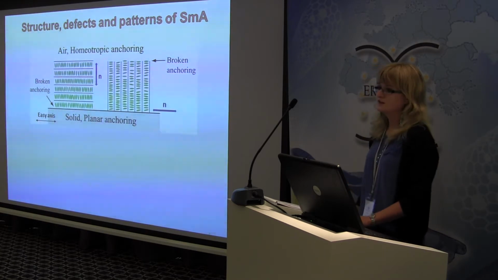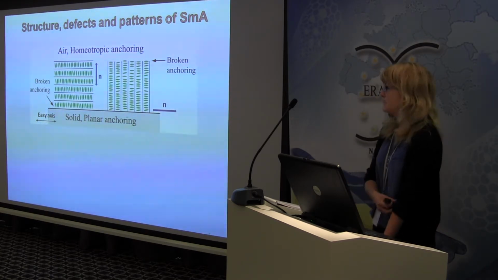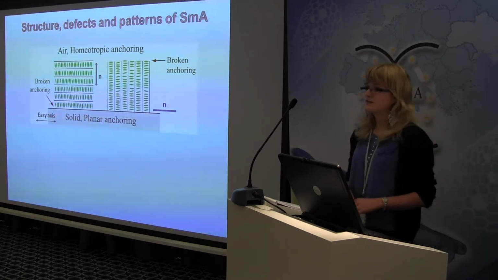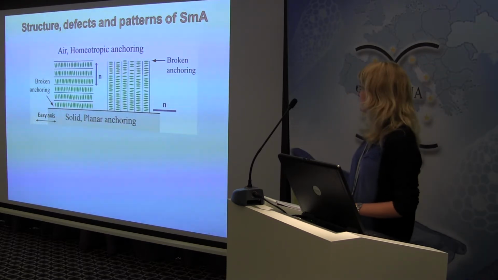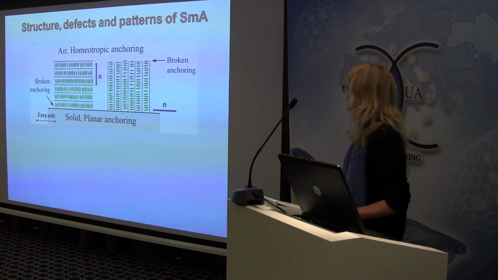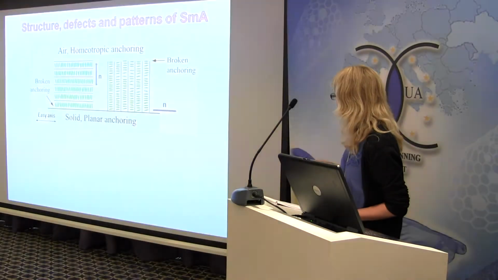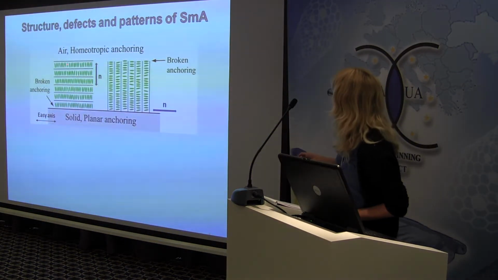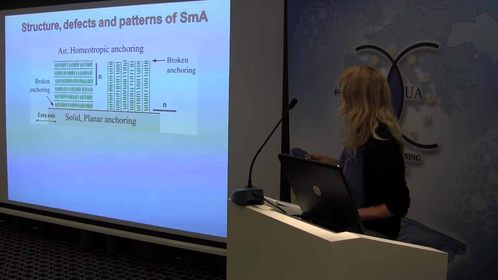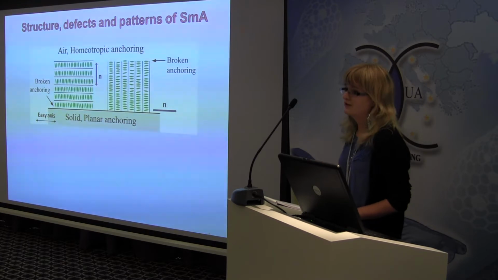So, what are liquid crystals? In particular, smectic liquid crystals. Smectic liquid crystals consist of rod-like molecules that tend to align parallel to each other along one common direction, which is called the director.